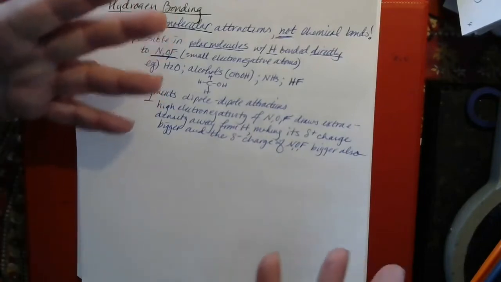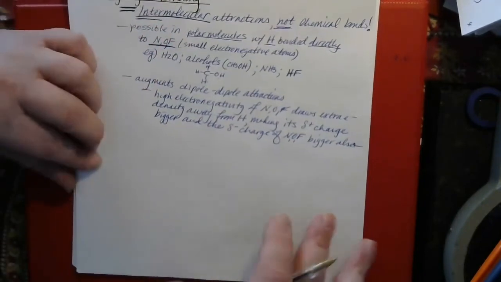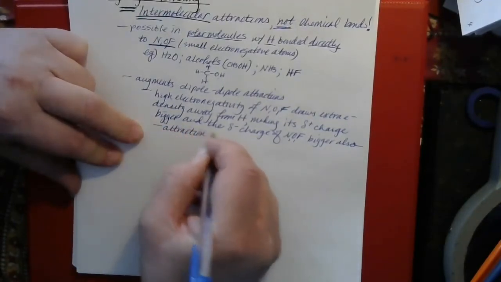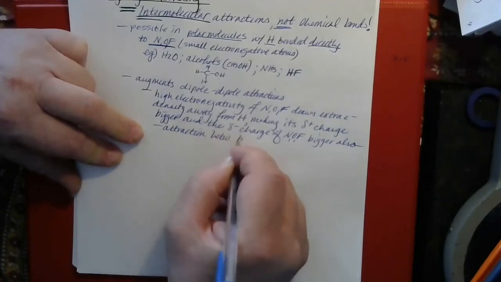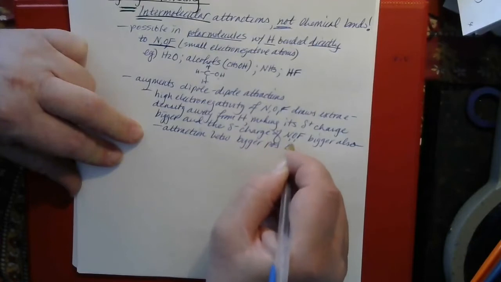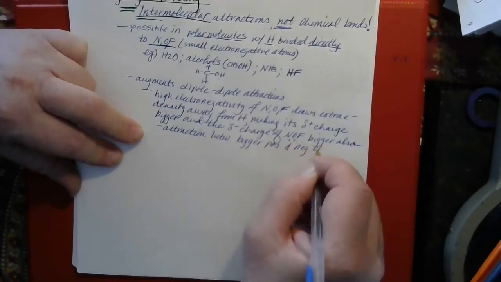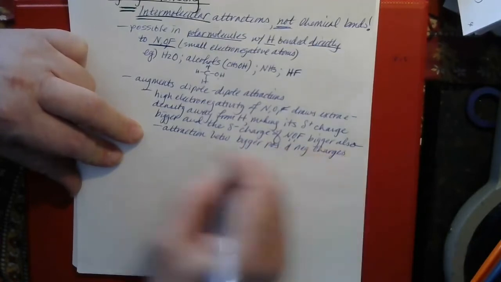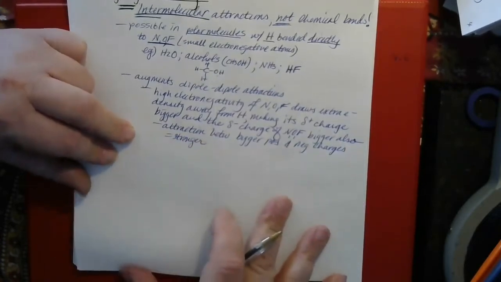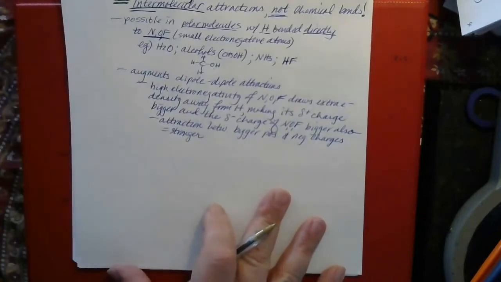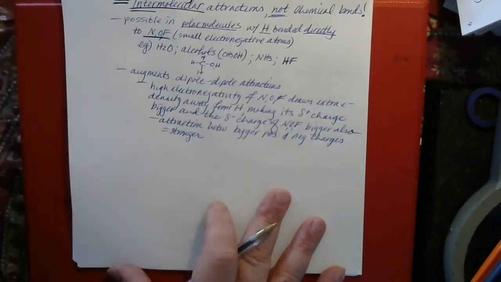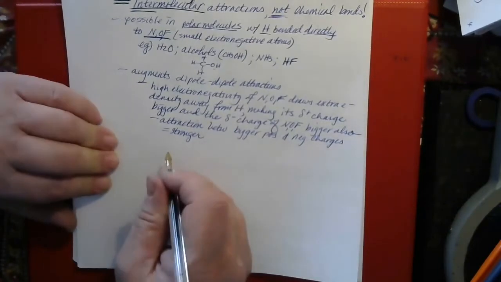And according to Coulomb's law, that's a stronger attraction. Okay, and so that strengthens the attraction between the partial positive charge on one molecule and the partial negative on another molecule.